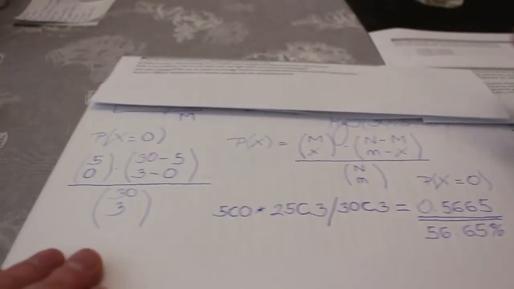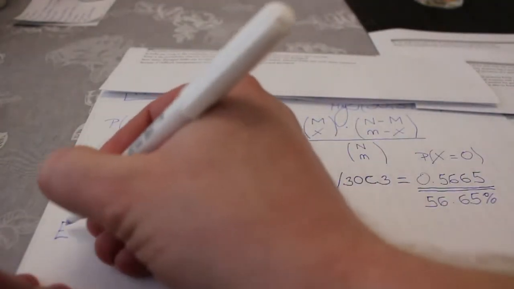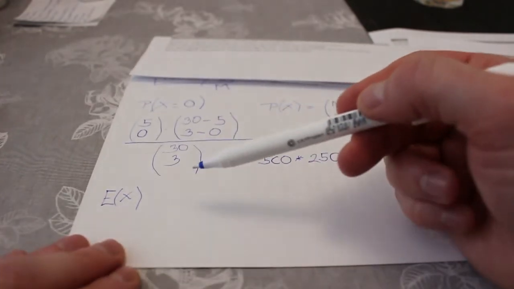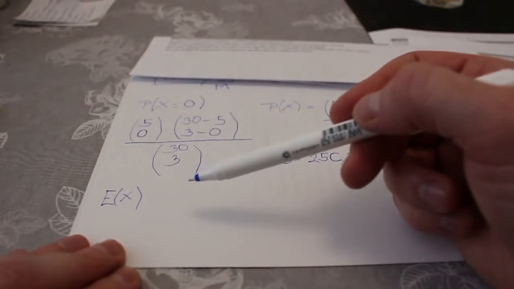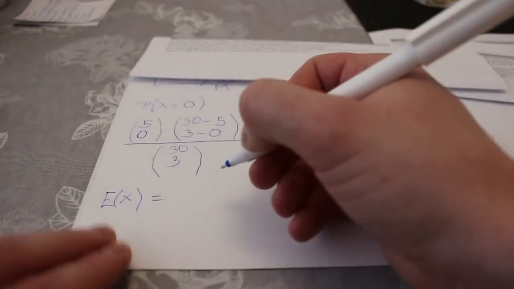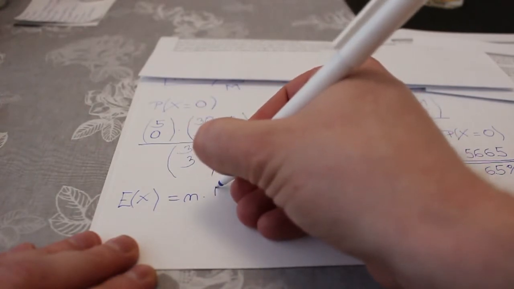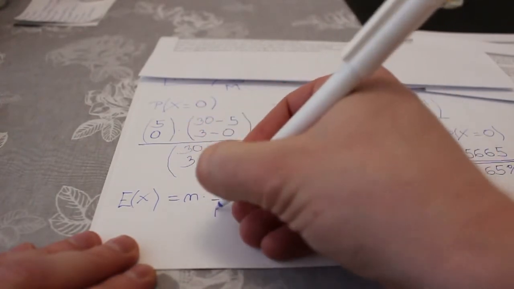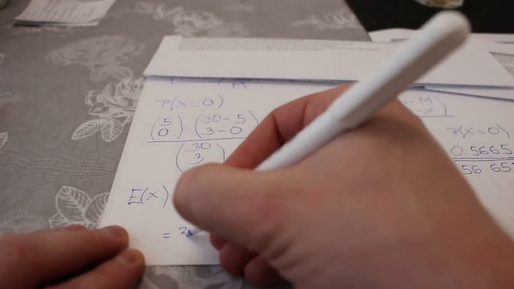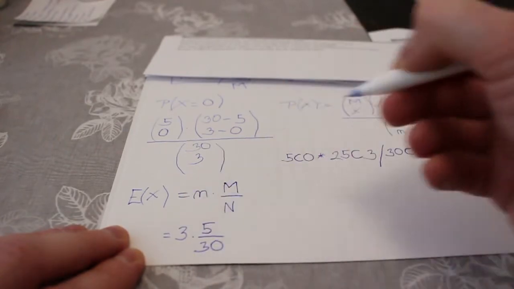So, in your formulas, you can find formula for the calculation of expected value. Expected value of random variable x in the case of hypergeometric distribution. This is calculated like n times capital M divided by capital N. So in our situation, 3 times 5 divided by 30.